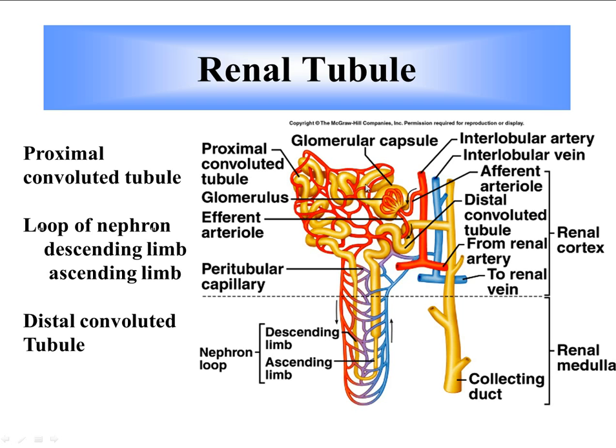So all along the way we have urine formation here, and the distal convoluted tubule dumps into the collecting duct, and the collecting duct will dump through the papilla to the minor calyx, to the major calyx, to the renal pelvis, to the ureter, to the urinary bladder, to the urethra, and outside the body.